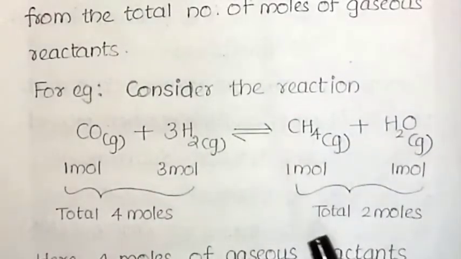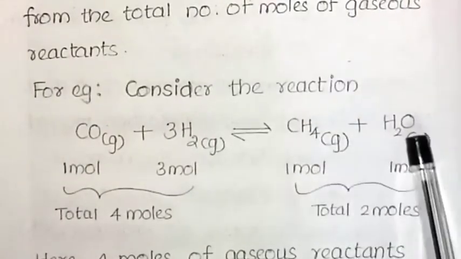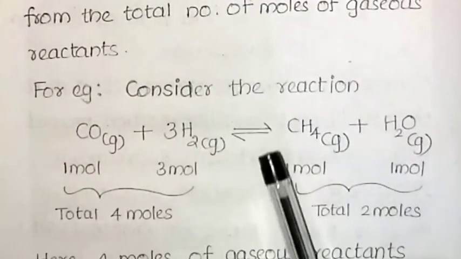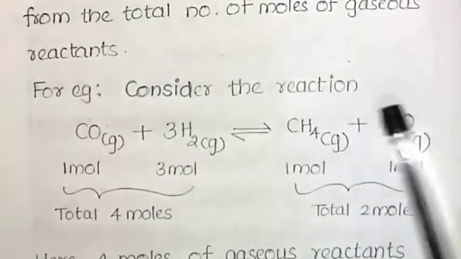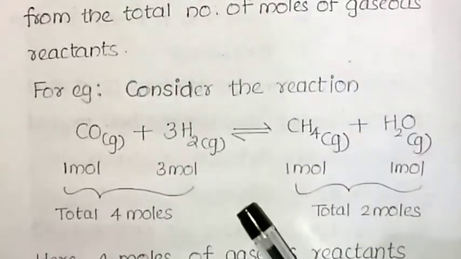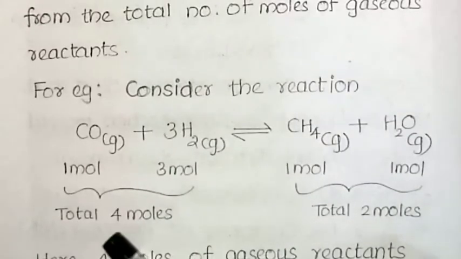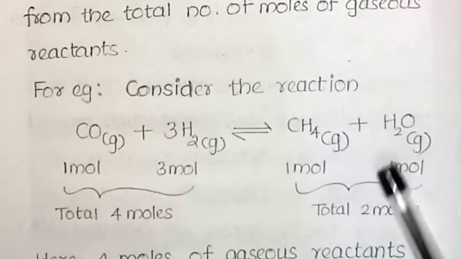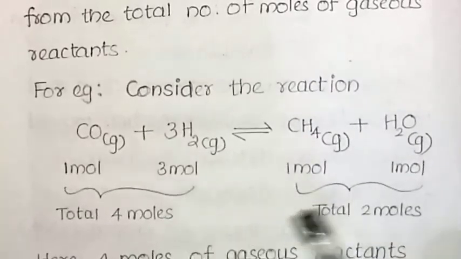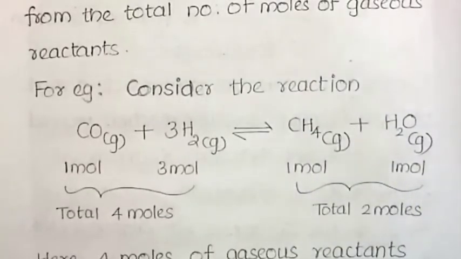Here products are 1 plus 1, 2 moles. Then pressure is applicable only when the number of moles of reactants and the products become different. So, different number of moles here, the number of moles of reactants is 4 and the number of moles of products is 2. So, these values are different. So, here the pressure is applicable.